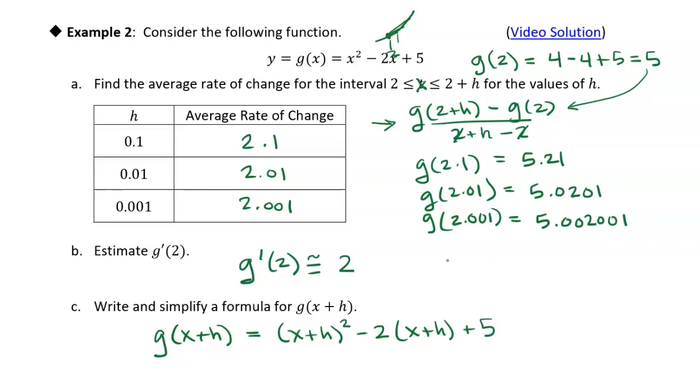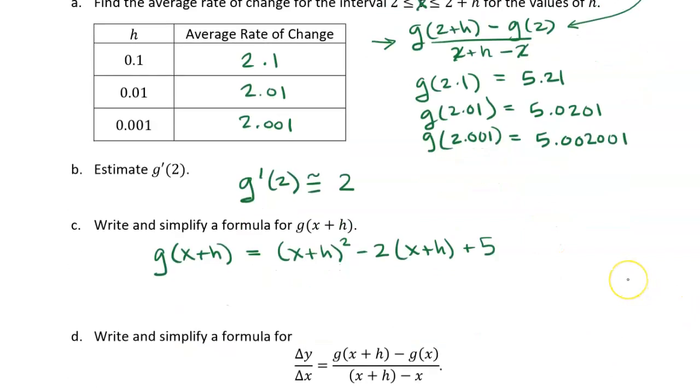All right, so I'm calculating g of x plus h. I'm going to scroll back up to give me a little more room. I'm just going to expand this out. So when I expand the x plus h squared, remember that the square does not distribute, right? We have to FOIL it out.